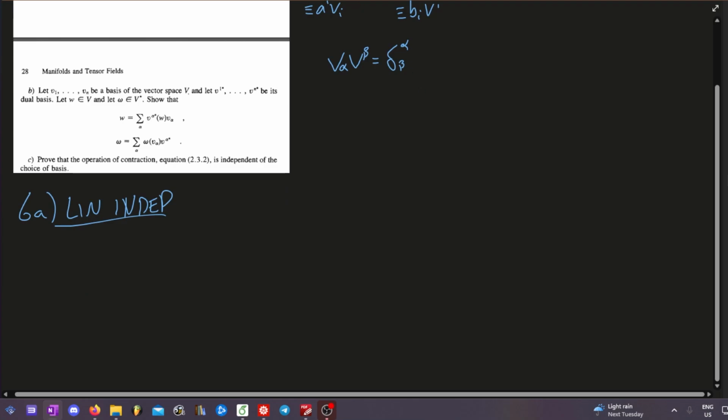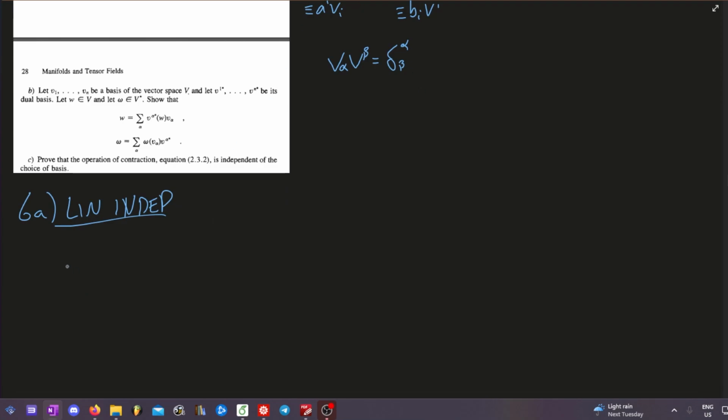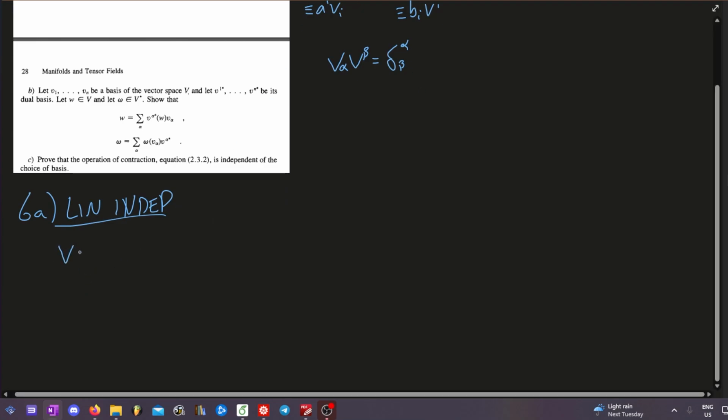So in order to do this, let's consider a vector v from capital V, and a vector u from v star, written in terms of what we hope are the basis vectors.